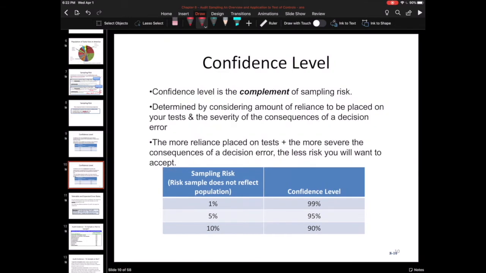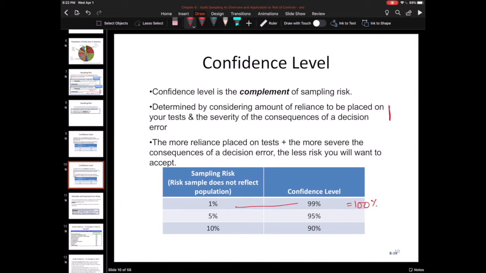And you'll notice that sampling risk in these 2 charts is the complement of confidence level, meaning together they add up to 100%. All right, so if we want more reliance to be placed on our test, if the consequences of the control failing are much worse, then we would want to go with a higher confidence level.